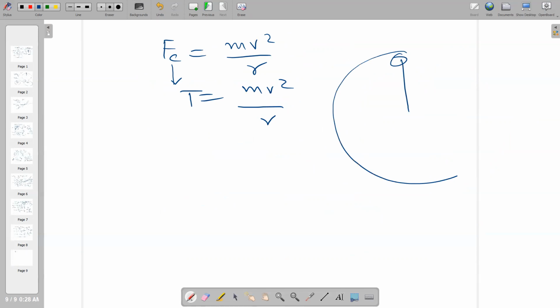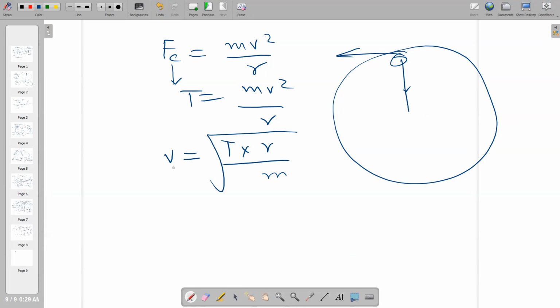If the body is moving like this, more tension means more speed. So you can write v equals the square root of T r over m. Speed will be maximum if we have more tension, or more radius, or smaller mass. So it depends on this.